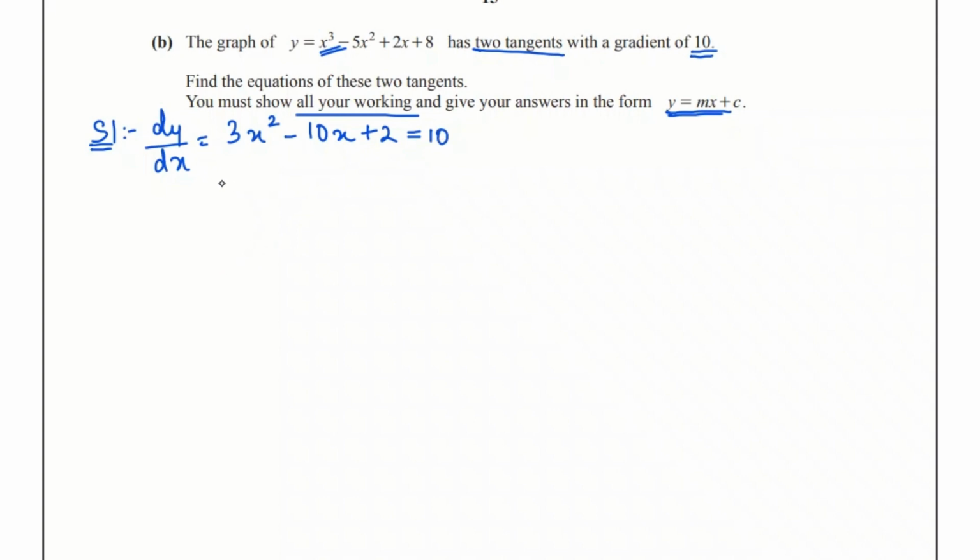Now let's find out. So this becomes 3x square minus 10x, this will become minus 8 equals 0.